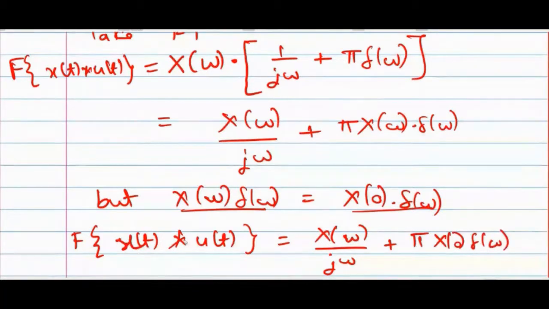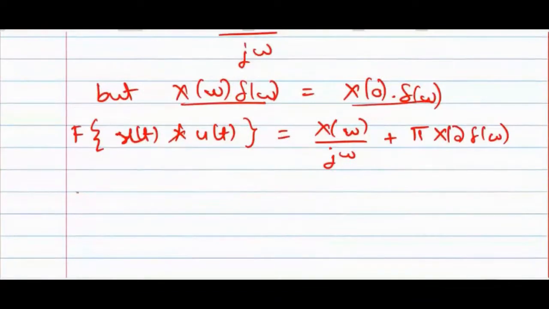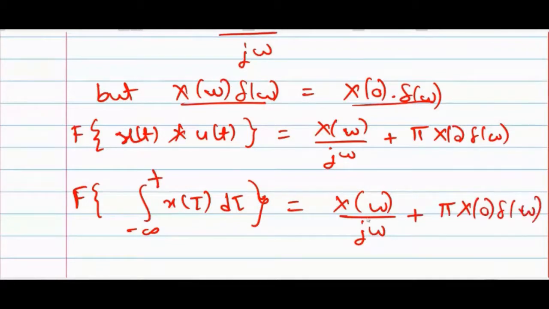And this x of t convolution u of t is integration minus infinity to t x of tau d tau. So this is the proof of this integration property. So you are supposed to remember this with 4 options. You should be able to identify what is the correct integration property of Fourier transform. Okay.